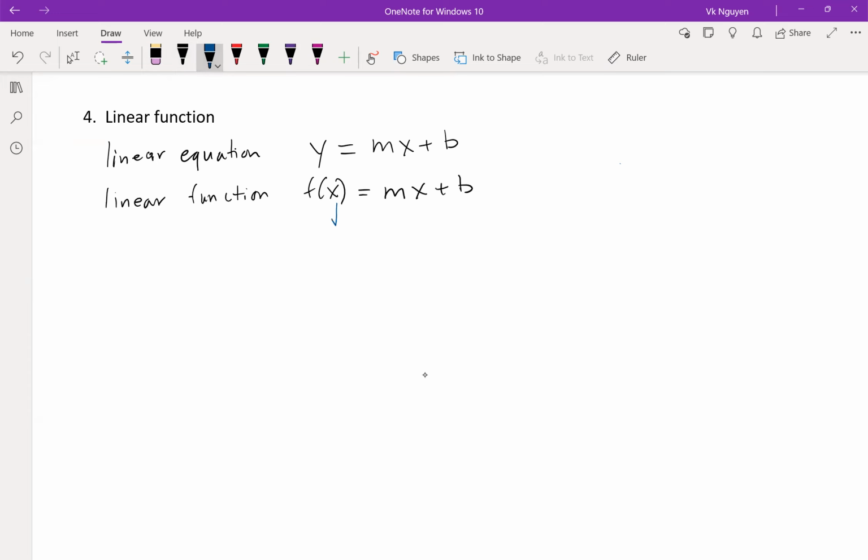x is the input. Well, we can put any real number in here. Thus, the domain is -∞ to infinity, or real numbers. mx plus b is the output.